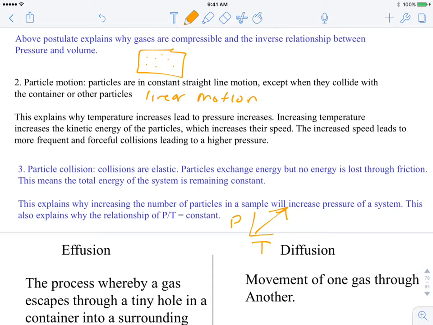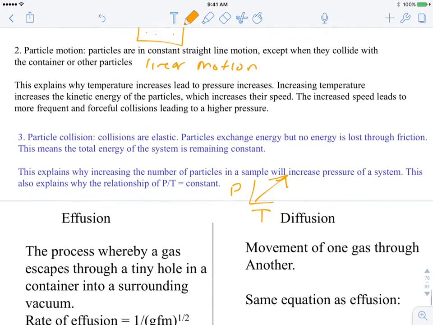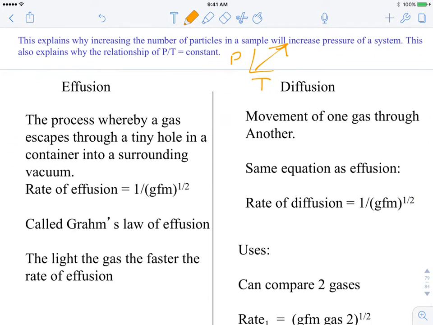Now because these gases are in motion all the time, gases will randomly mix with each other, and they'll also spread out on their own accord. So you have 2 processes, depending on where the gas is contained. One is called effusion. Effusion is where a gas will move through a tiny little hole, like if you had a balloon with a tiny pinhole in it, the gas would rush out.